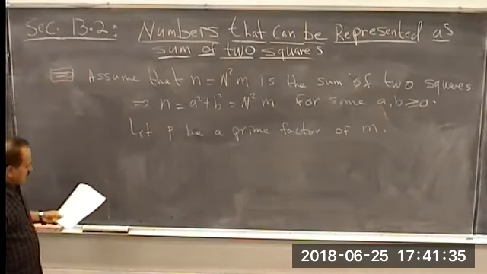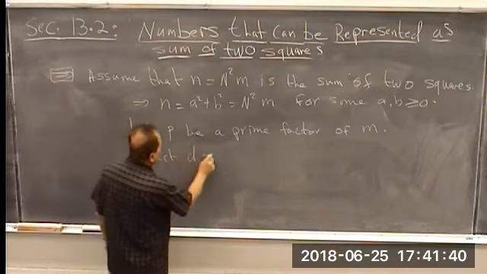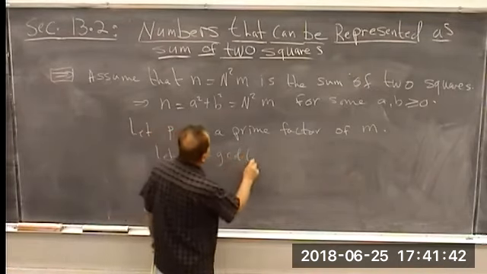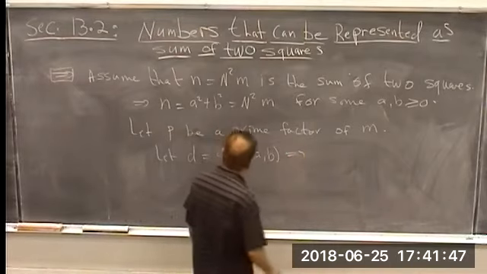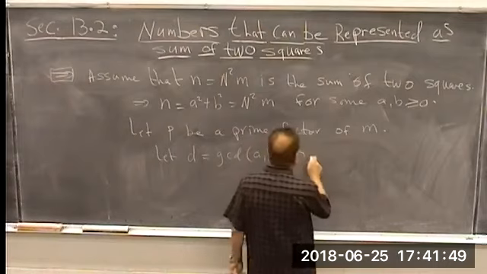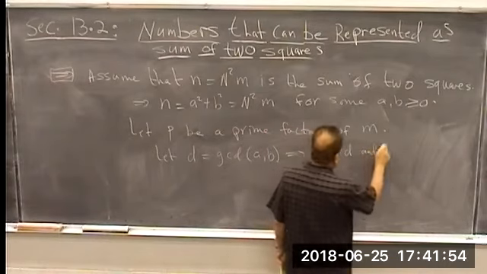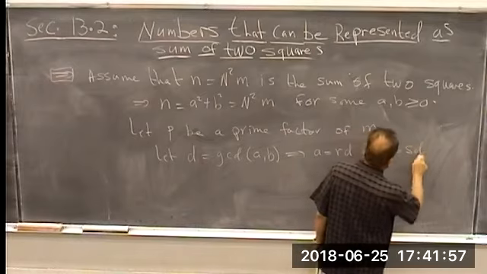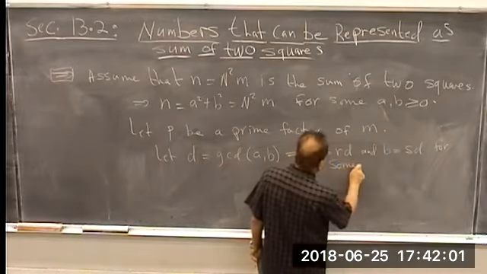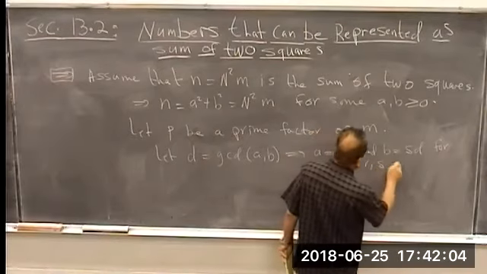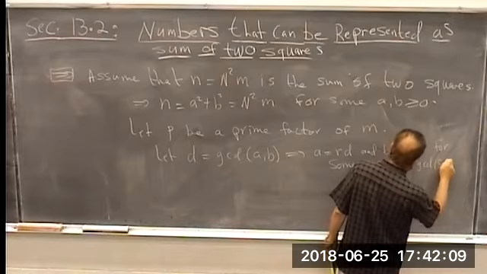And let's take d to be the greatest common divisor of a and b. And this implies that a is equal to rd and b equal to sd for some r, s, and the greatest common divisor of these is going to be equal to 1.